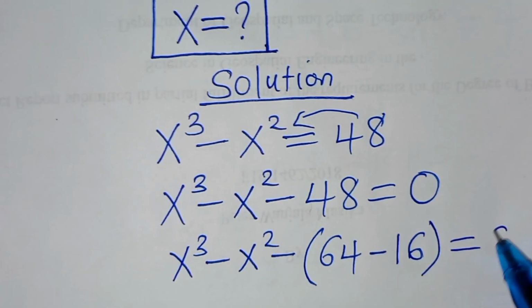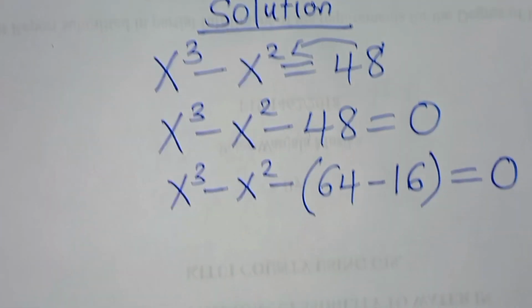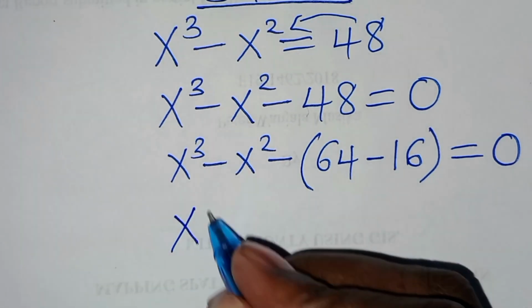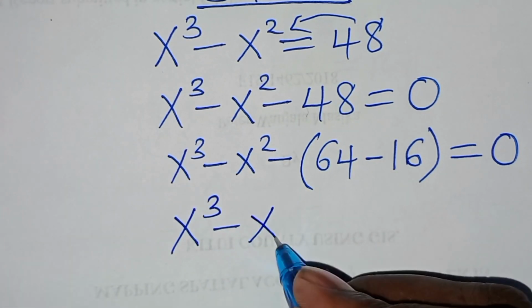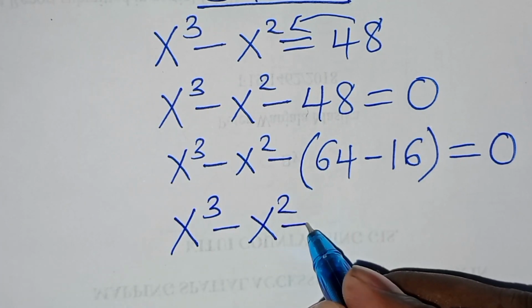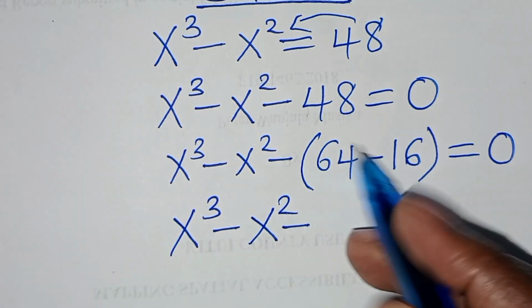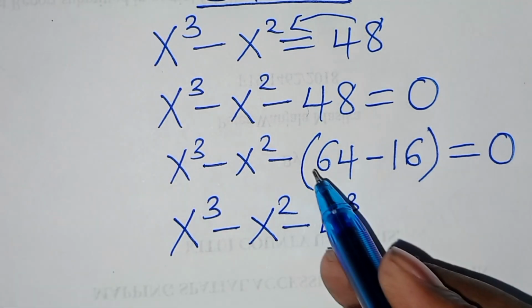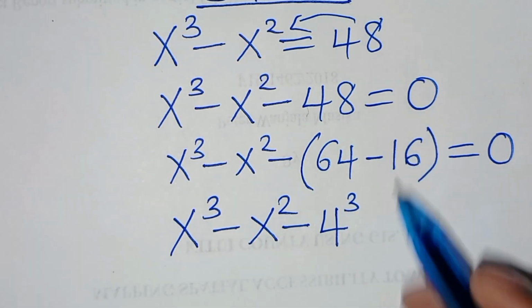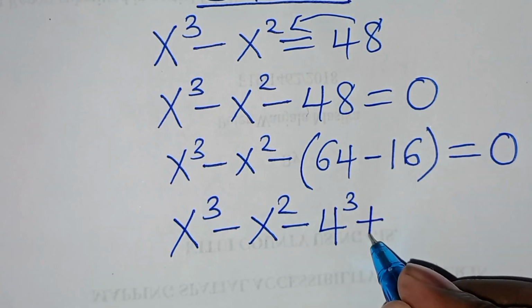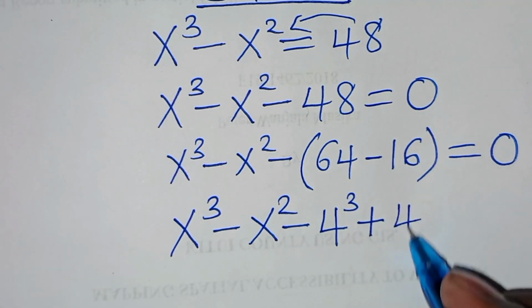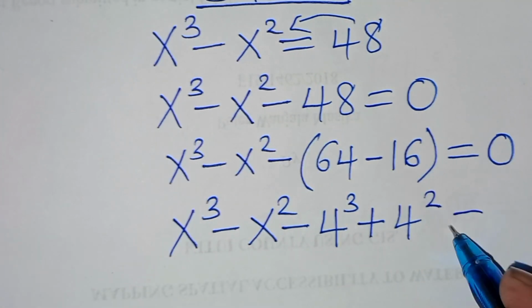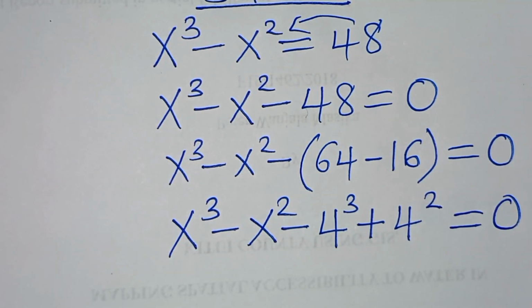So this is equal to 0. Here we have x to power 3, subtract x to power 2, subtract, we can express 64 as 4 to power 3. We have minus times positive here, so this is the same thing as plus 16, which is 4 to power 2. This is equal to 0.